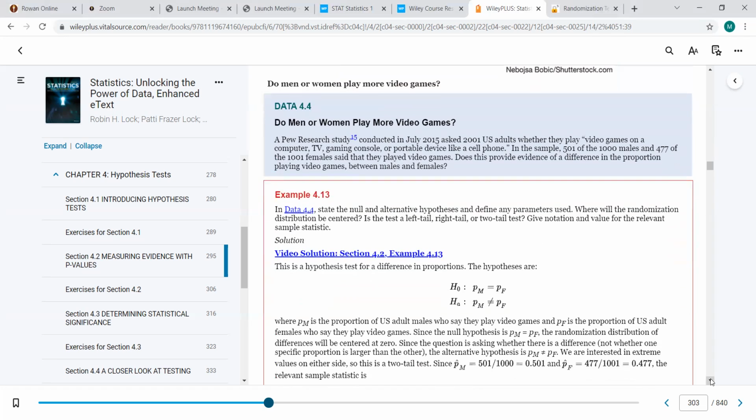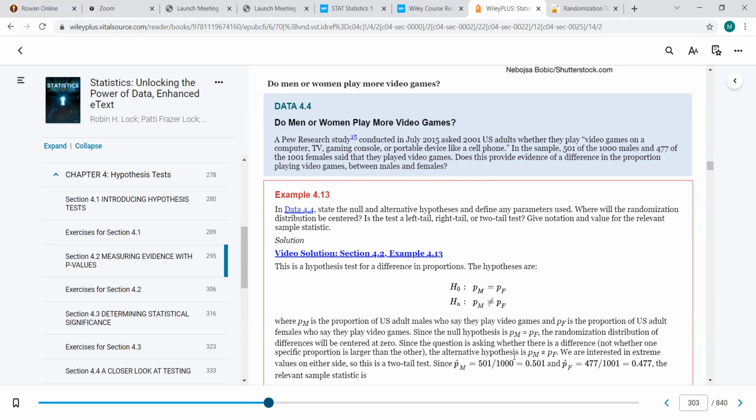study mentioned here. This is a Pew Research study. This is from 2015. There were 2,001 US adults in the study, 1,000 males, 1,001 females. 501 of the 1,000 males said they play video games, 477 of the 1,001 females. All right.